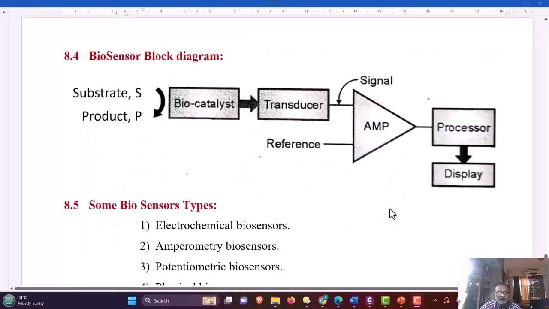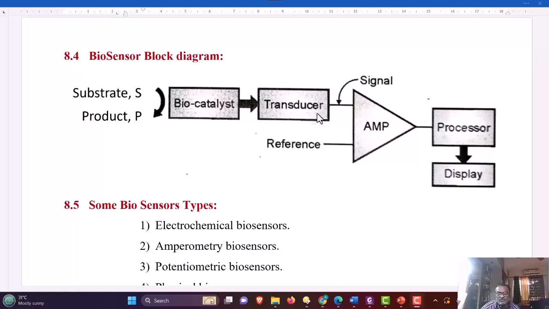The biosensor block diagram is shown in the following figure. Whatever the analyte, that is called the sample, maybe a blood sample for example, it is given to a biosensor, which is basically a biocatalyst. It will convert that sample to product, and during this reaction some parameters of the product change, and those changes will be detected by the transducer.